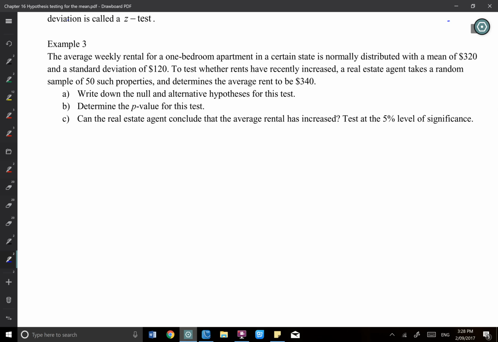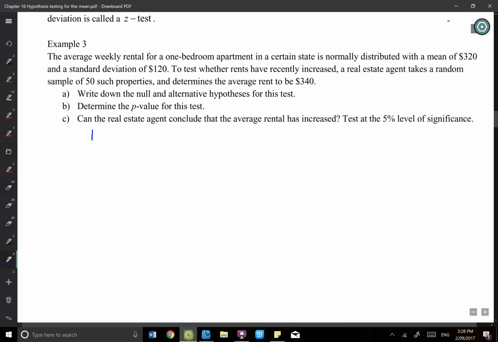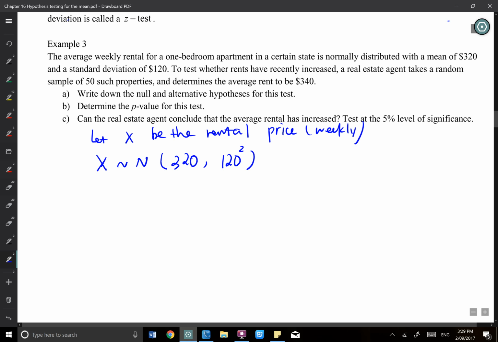The average weekly rental for a one-bedroom apartment in a certain state is normally distributed with, well, let's let X be the weekly rental price. So X is normally distributed with a mean of 320, a standard deviation of 120. Well, the standard deviation is quite large.